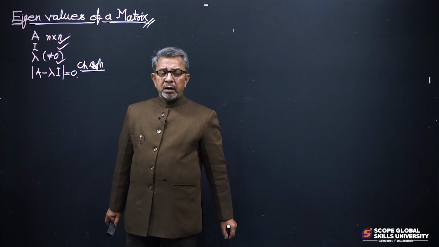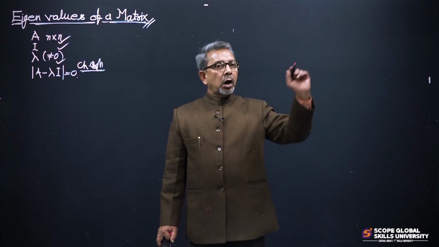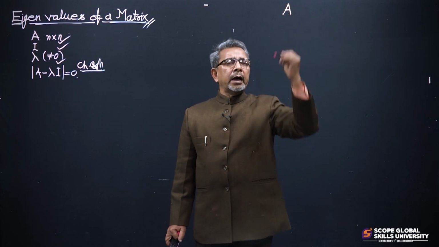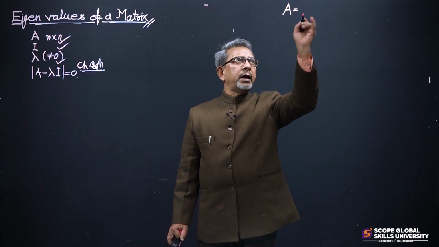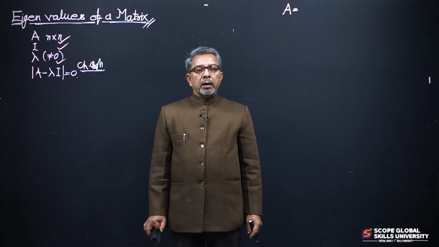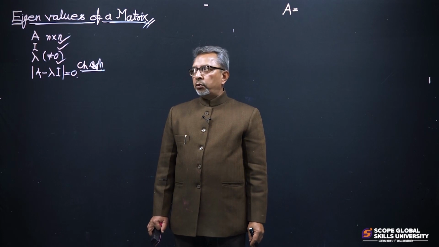So first of all, let's try to understand how we can determine the eigenvalues of a matrix. Firstly, I am considering a very small problem of a matrix of order 2.